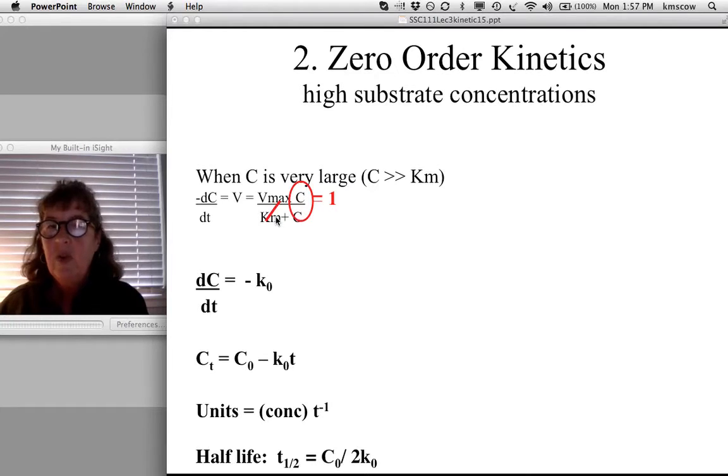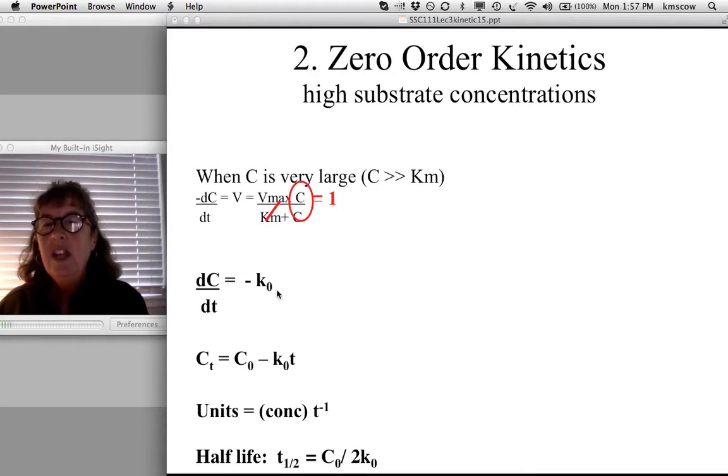And the equation can be simplified then to V max times concentration divided by concentration, which would be 1. So it simplifies to V equals V max.